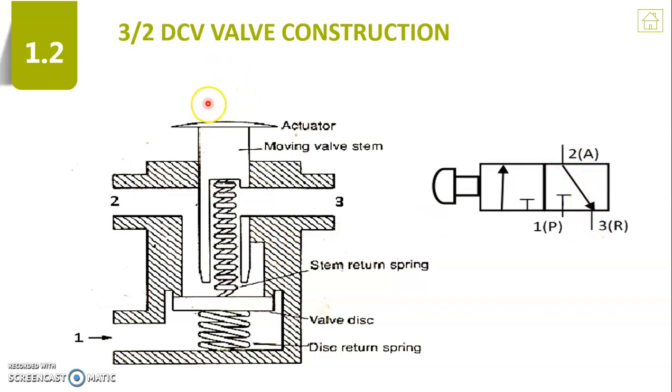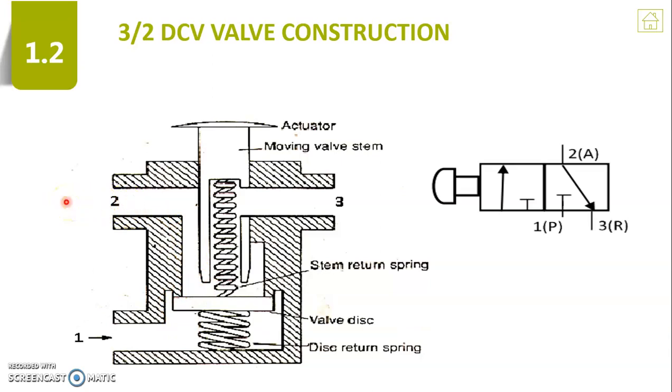Without any external force, in the initial position, your compressed air is stopped here by the poppet. When you give external force, that is, you press the push button, the moving valve stem moves downwards, compresses the spring, and the disc moves downwards. At that time the seat and disc create a path, through which your power flows and reaches your output through port B.